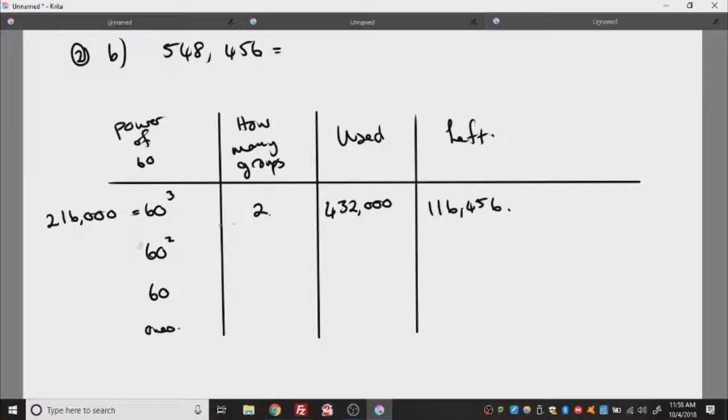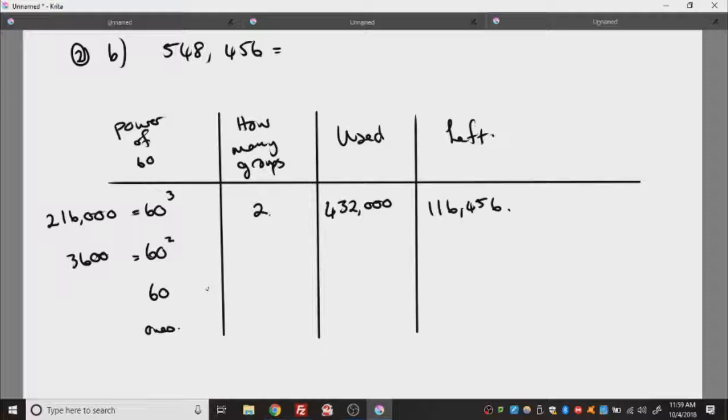Anyway, now I'm fitting in 3600s into what's left. So I take 116,456 divided by 3600. Fitting in means division.